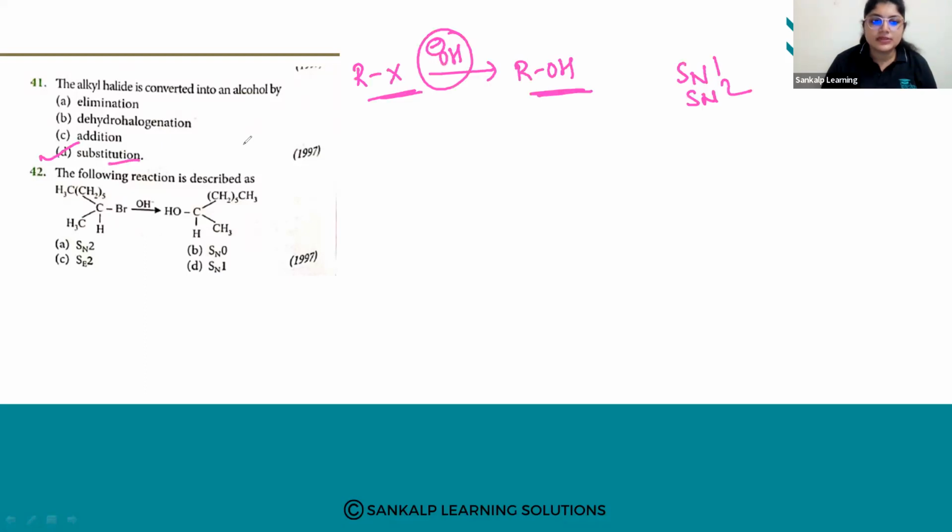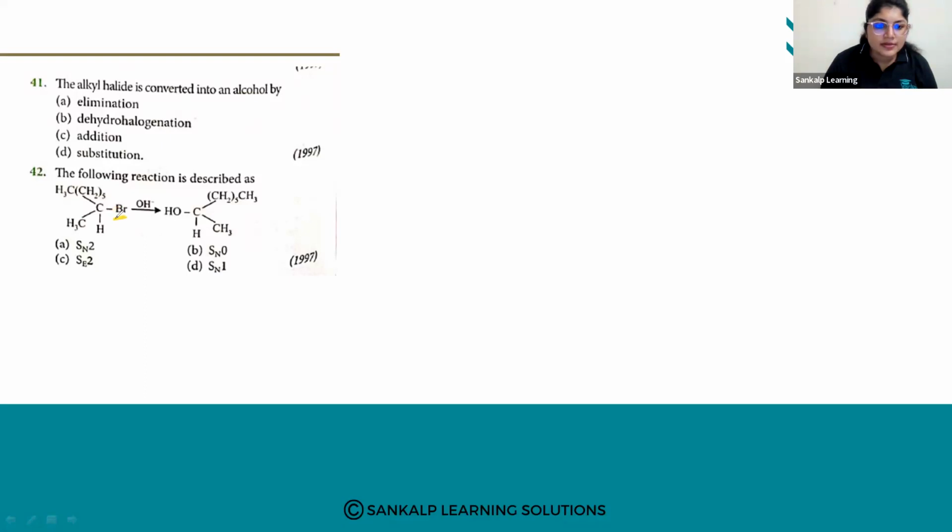You can see what is happening here. Here the leaving group is present, and here it is OH. You can see there is a change in configuration.